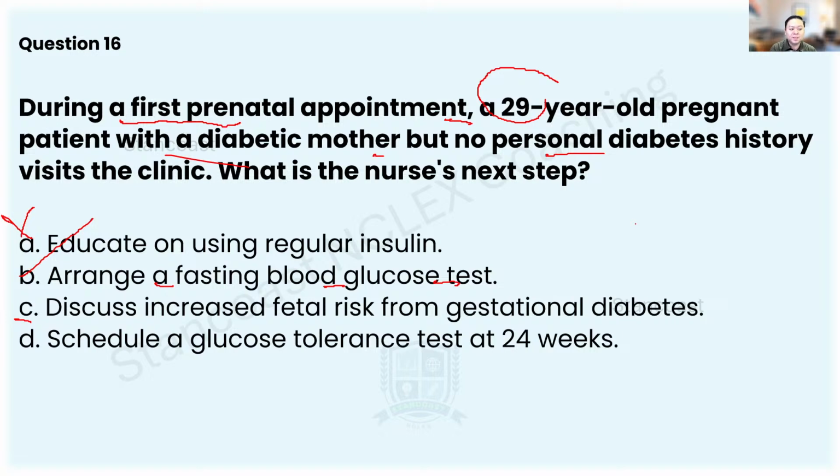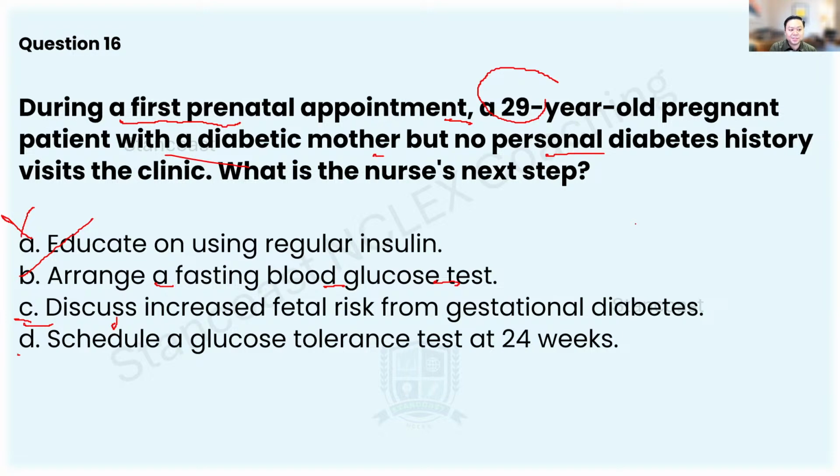Okay? Then after that, we can proceed with letter C. That's the appropriate time for this nurse to discuss the increased fetal risk. All right? We need to know first if the patient really has gestational diabetes.